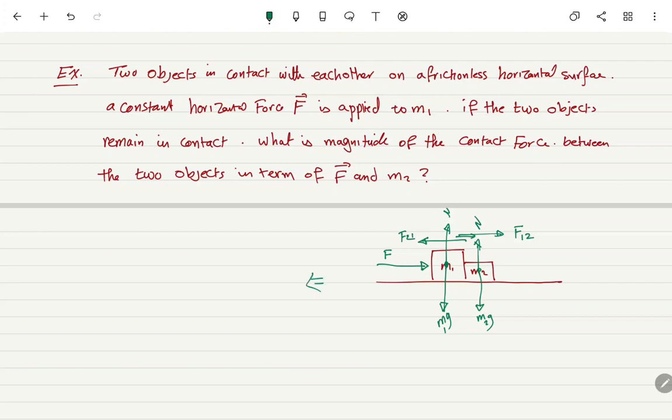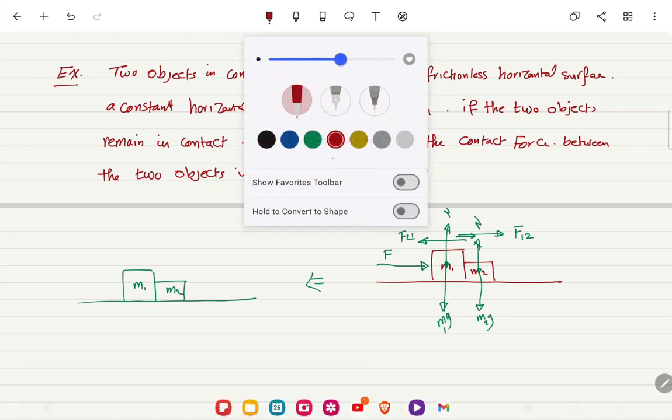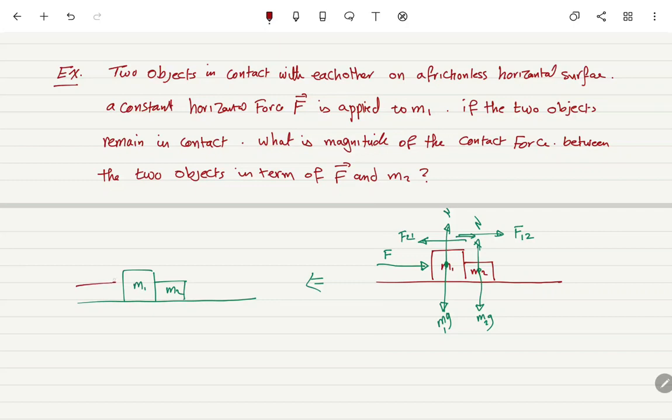Let's make the figure bigger to clarify things. So we have M1 and M2. We have F here, and we have F2 on 1 and F1 on 2.